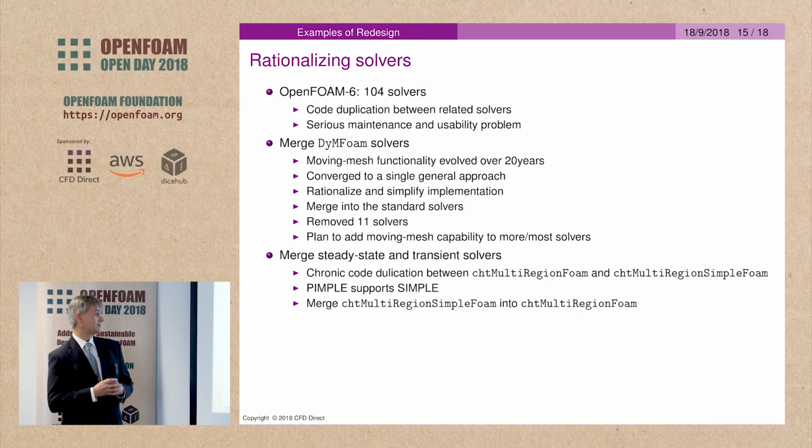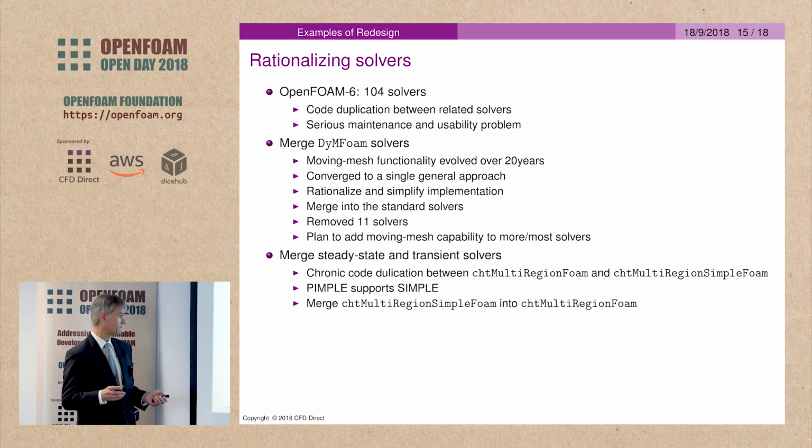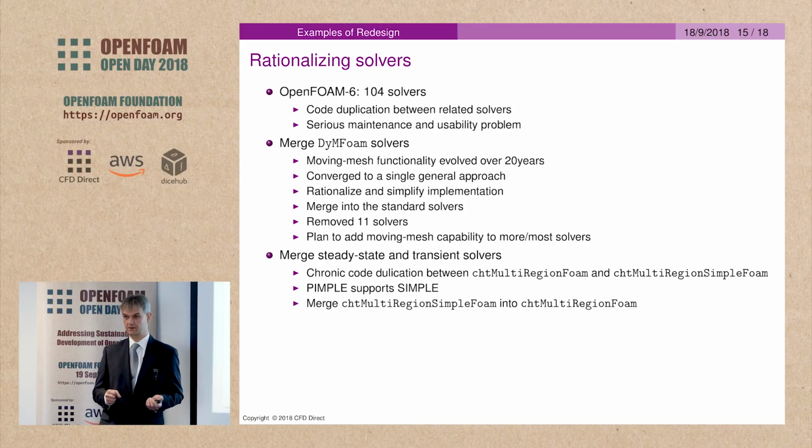The other thing we could consider doing, it's less important, but we could do it, is that transient solvers have evolved from a PISO-based algorithm to a PIMPLE-based algorithm. And PIMPLE supports both PISO and SIMPLE. So in principle, at least, the transient solvers can be used for steady simulations.